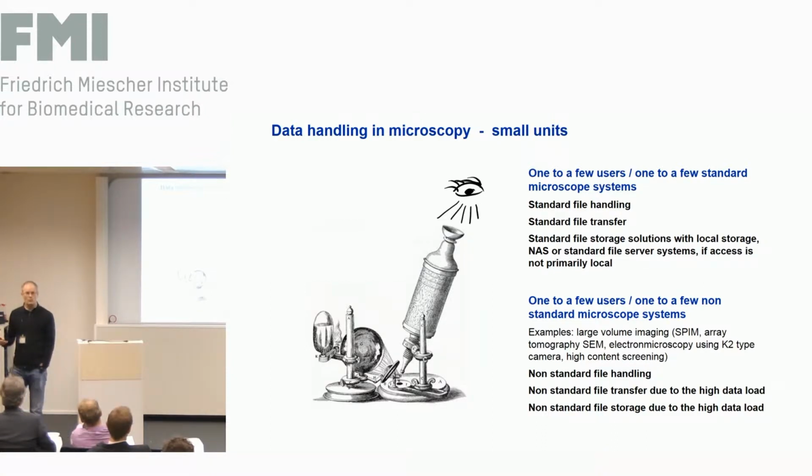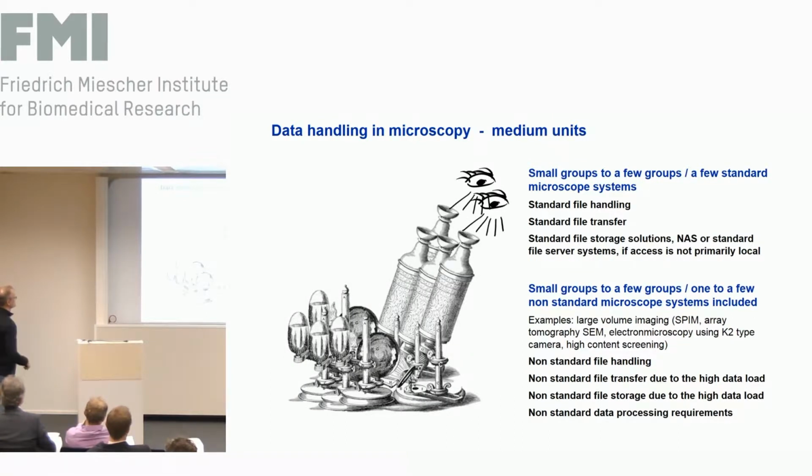There are commercial solutions, I don't talk about that one. Then you have the same situation, but a non-standard microscope, like a cryo-electron microscope with an advanced camera system which generates between 400 and 1,500 images a second. High-resolution images, that's non-standard. But you will see how I proceed.